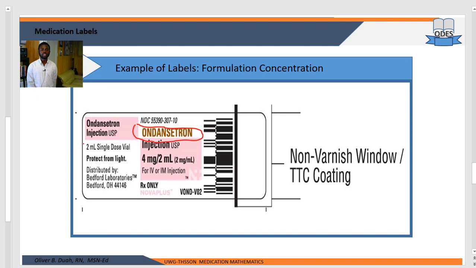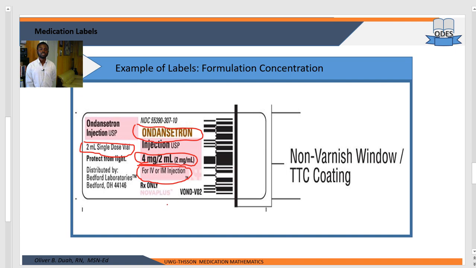It tells you the total volume, which is 2 milliliters per each vial. That is the total amount you have. Then it gives you the formulation, which is 4 milligrams per 2 milliliters. It also tells you the route of administration, which is IV or IM, which means you can give this intravenously or intramuscularly.